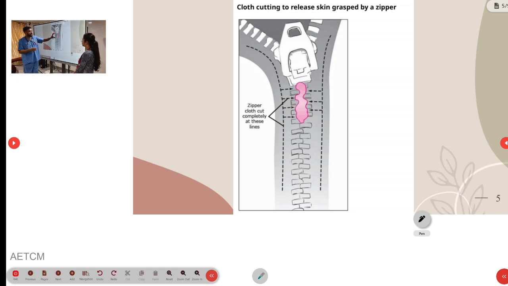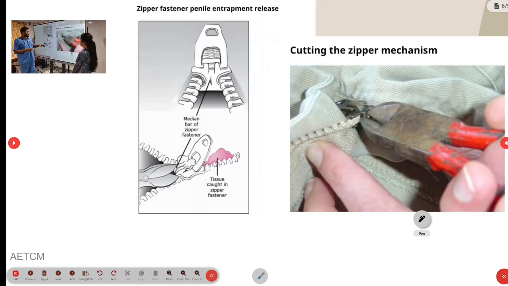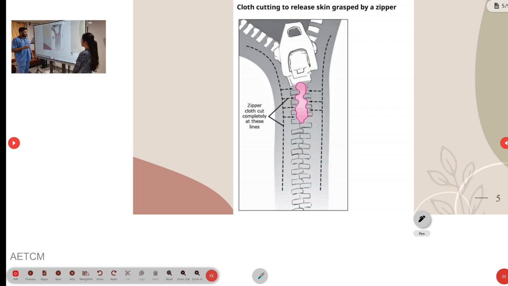Or it can get locked involving the fastener; the whole block is called the fastener, and this is the dentitions. It can also involve both the dentitions and the fastener. The mechanism of release is different for each. These are the most commonly involved sites.